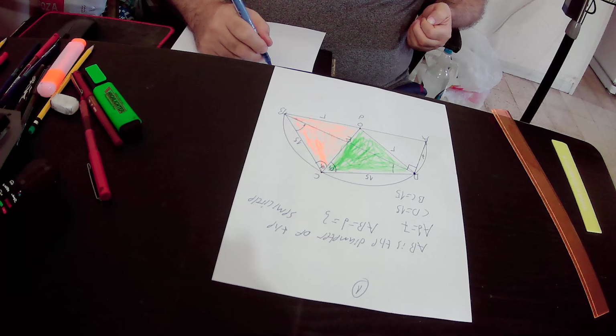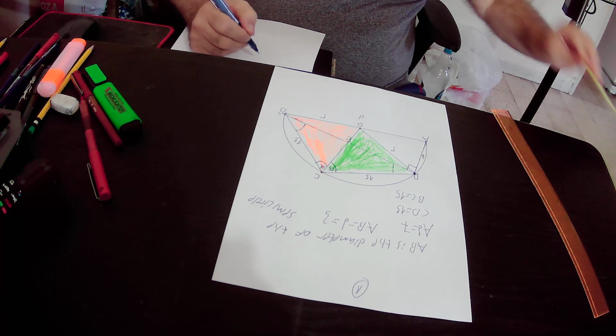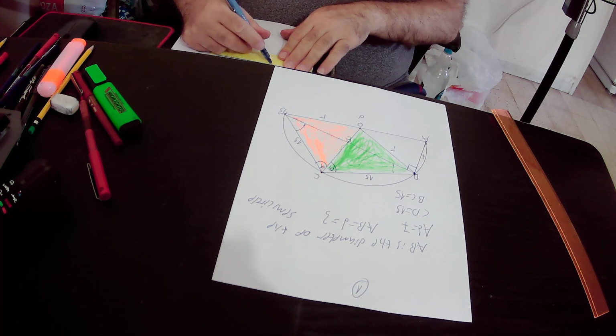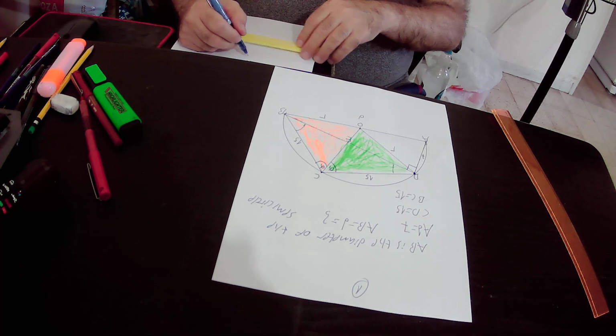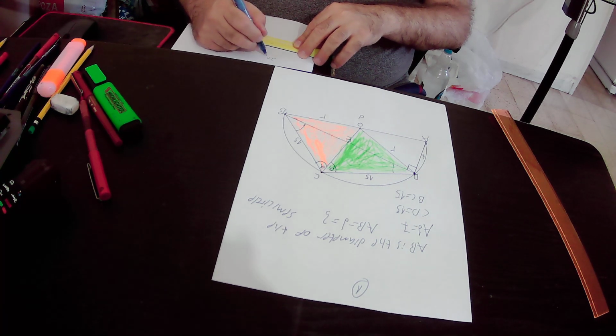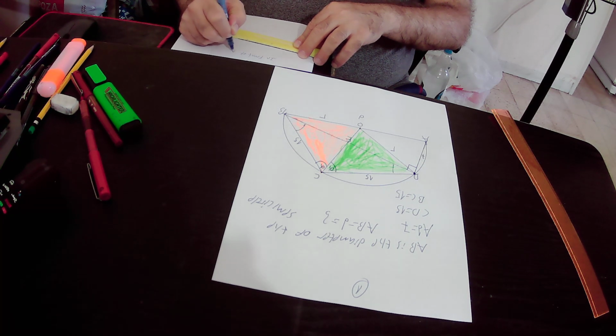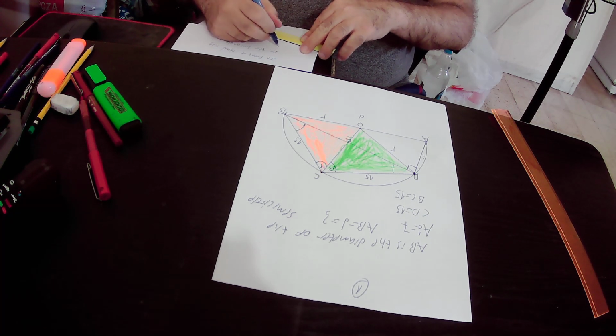We have rule number 2, which states that in front of equal sides in the triangle there are equal angles.